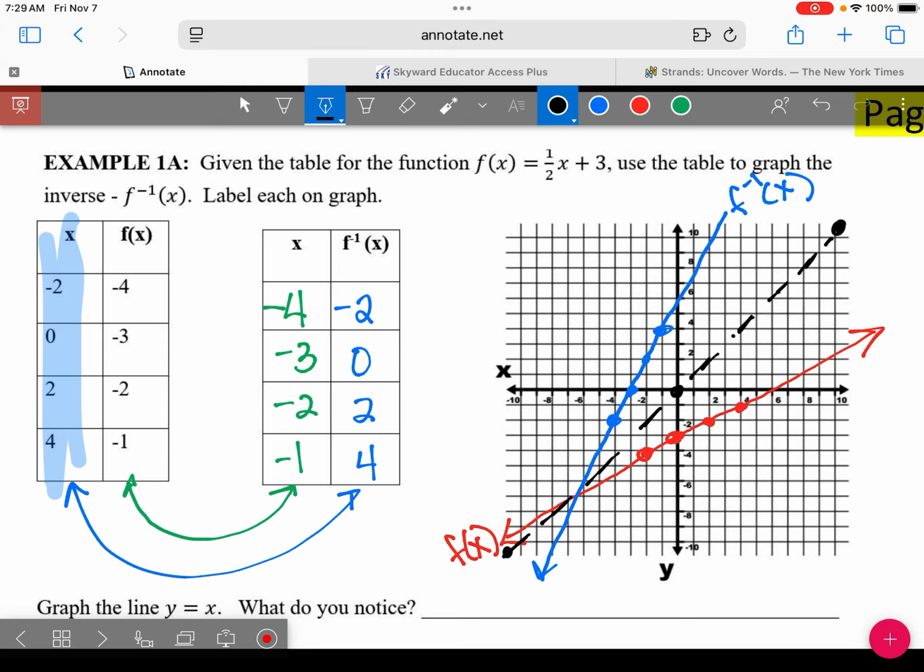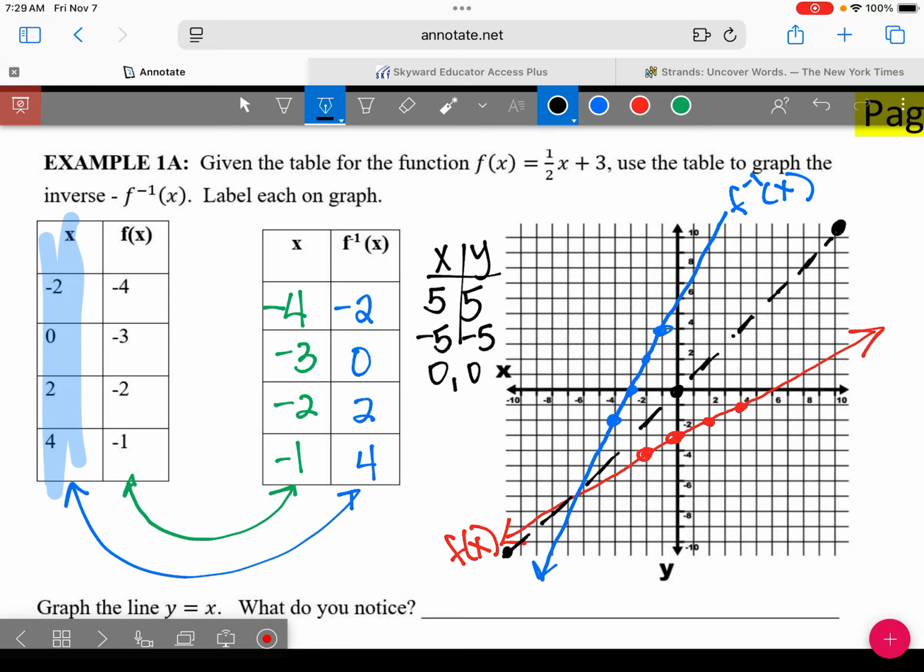That's my y equals x line. So for y equals x, you're just starting at 0. And if you want to use points, you could just put a point down at 5, 5, -5, -5, and 0, 0. Connect those points. And it should look like that.